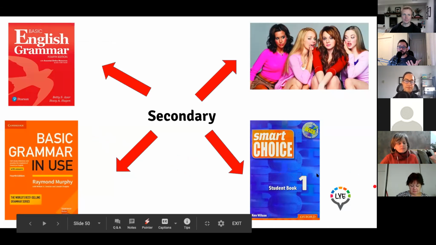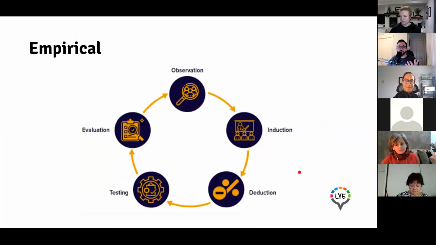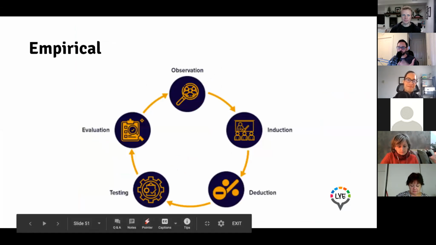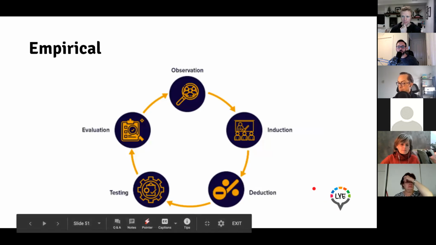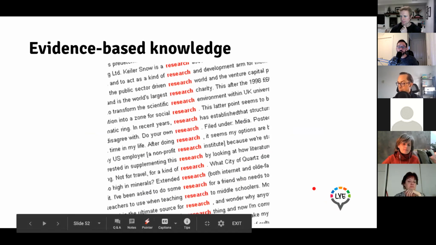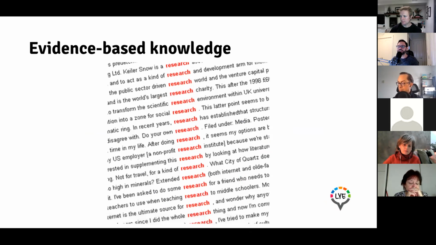Since I've mentioned the third one, might as well get there. Empirical sources is what some of you have mentioned in the chat. You're looking at research, which focuses on reflection, observation, previous literature. We're looking at raw samples of spoken and written language. It's basically a scientific approach to language description.